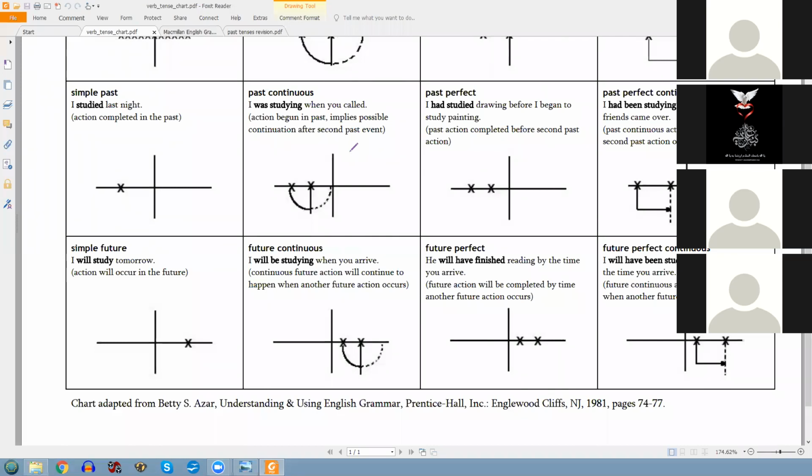So what we do here, as you see, we've got the action. It started here. It was ongoing, and then it was interrupted by something else, usually in the simple past. So, I was watching TV when the telephone rang. Watching TV, the past activity, was ongoing.